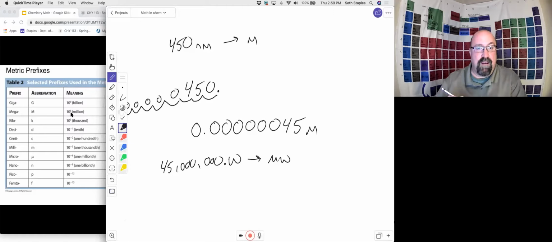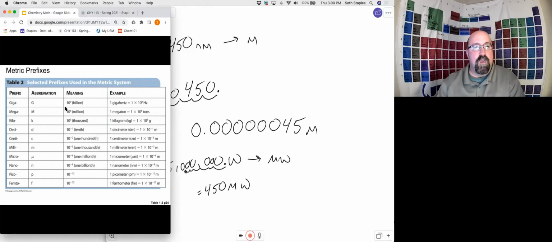And so again, I'm going to move my decimal point to the left. 1, 2, 3, 4, 5, 6 equals 45 megawatts, and so forth. And so that's how we do metric conversions.